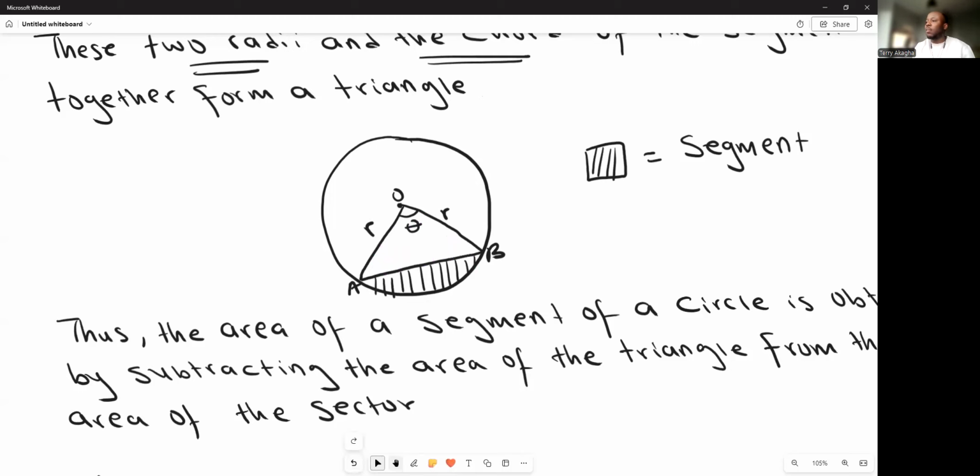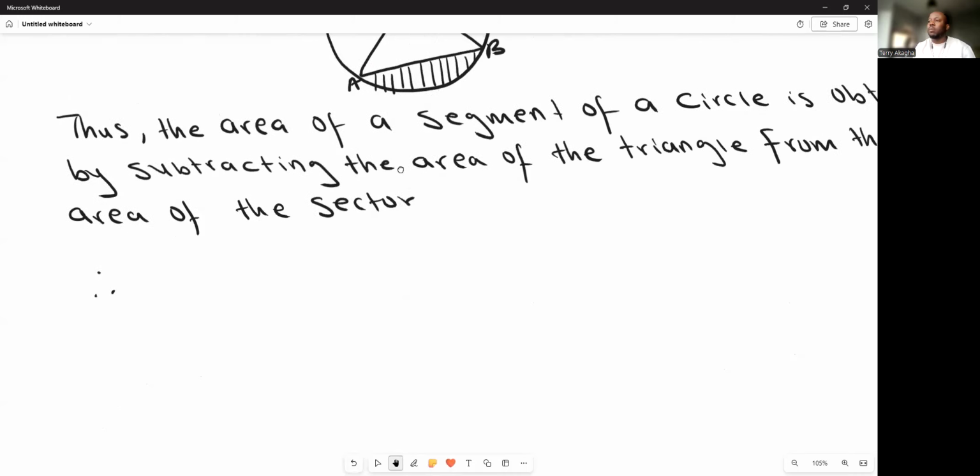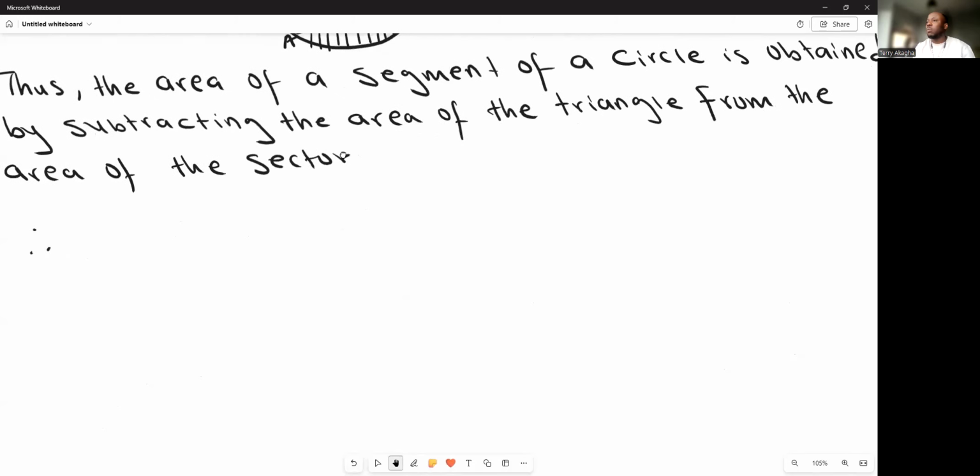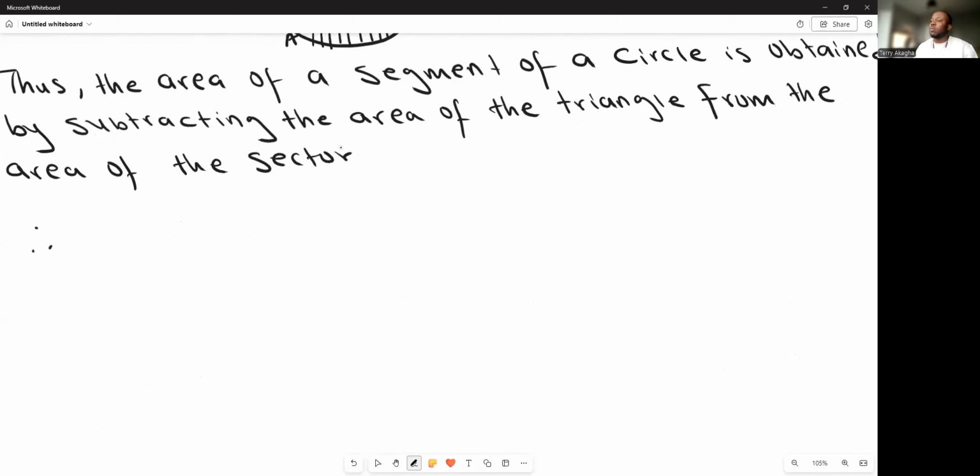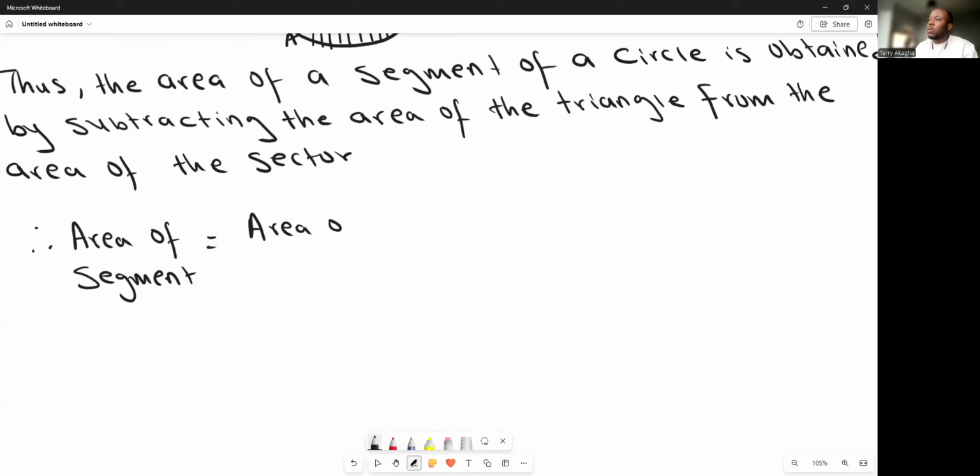So I can then write this down. The area of segment is equal to the area of sector minus the area of triangle.